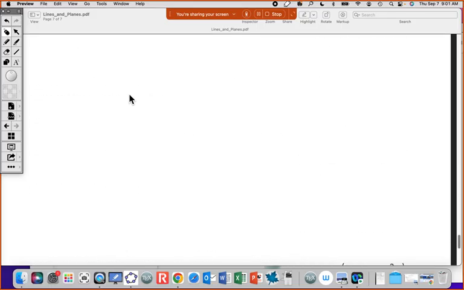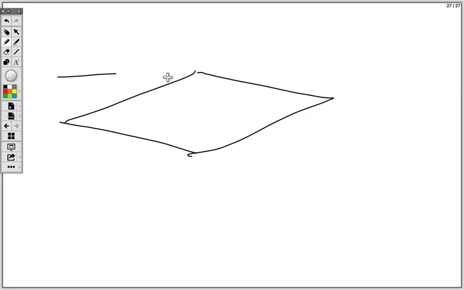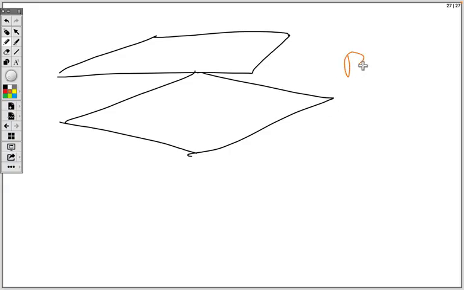All right, let's talk about planes. So now you've got two big planes sitting in 3-space. They could either not intersect at all, and the only way that would happen is if they were parallel planes.